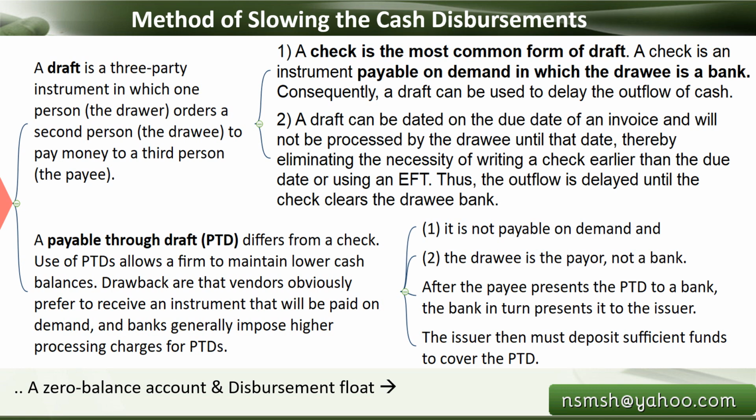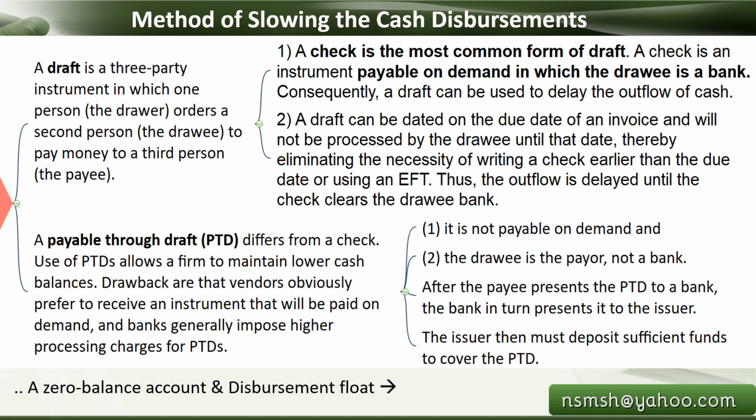So that means if the checks are not on demand, normally the banks will charge a little more to keep those payable through drafts in their custody until it is getting cleared. So that is also another kind of arrangement.